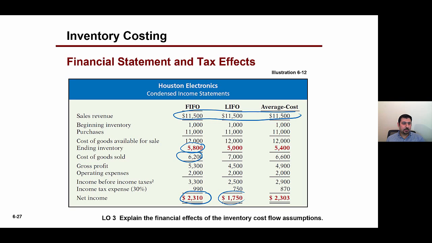Like we said, there is an advantage of LIFO if the company decides to be more conservative.